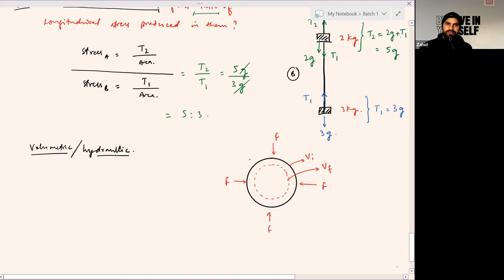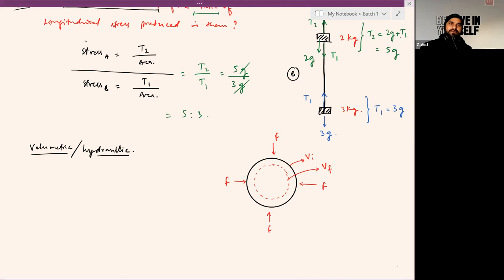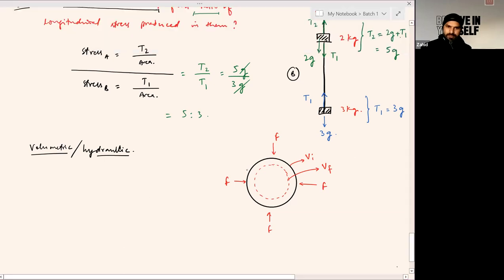Since this force will be perpendicular to the surface at the point of contact, at this point it will be normal to it, this point, and this point also. So if a force is applied on an object perpendicular to it, then we call it pressure.